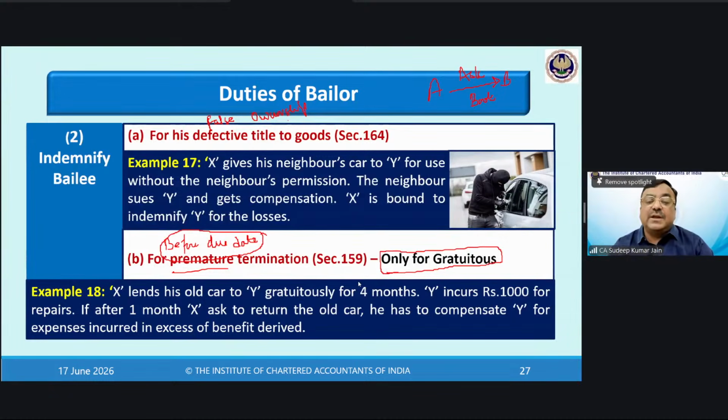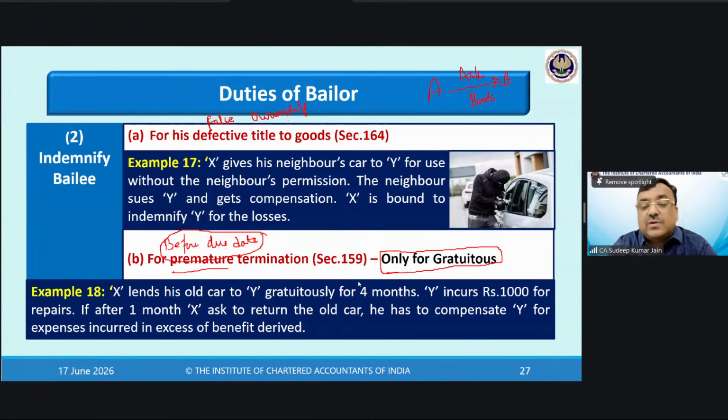Premature termination option is not available on non-gratuitous bailment. Let's suppose A has given the book to B for 4 months, without any consideration, as free of cost.